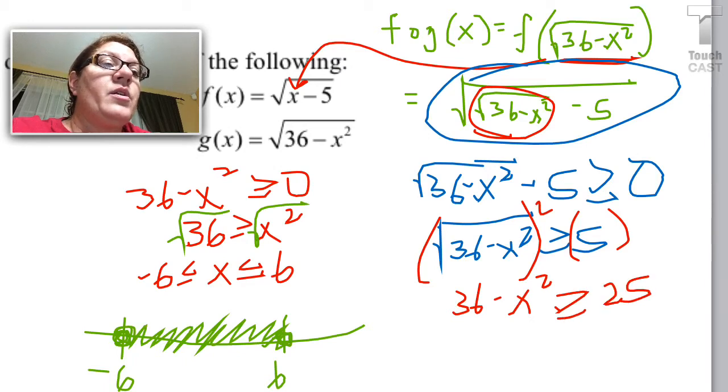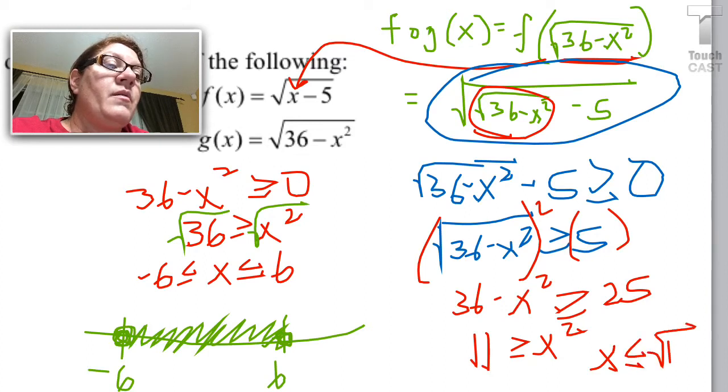And I'll move the x squared to the right and the 25 over. So I have 11 on this side when I subtract 25 from both sides, greater than or equal to x squared. And then when I take the square root, I get plus or minus square root of 11. So x now sits between positive square root of 11 and negative square root of 11.